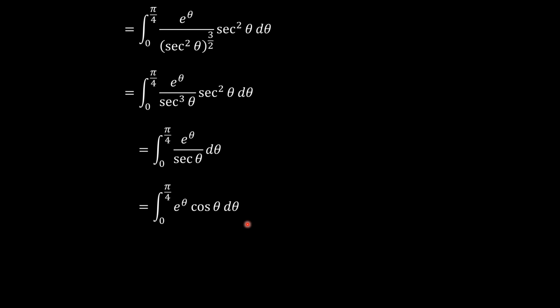You could use integration by parts, or you could say cosine theta is the real part of e to the power i theta, in other words, the Euler relation. Or you could go the long way where you say cosine theta is the same as e to the power i theta plus e to the power negative i theta over 2. Whatever works for you, that is fine.